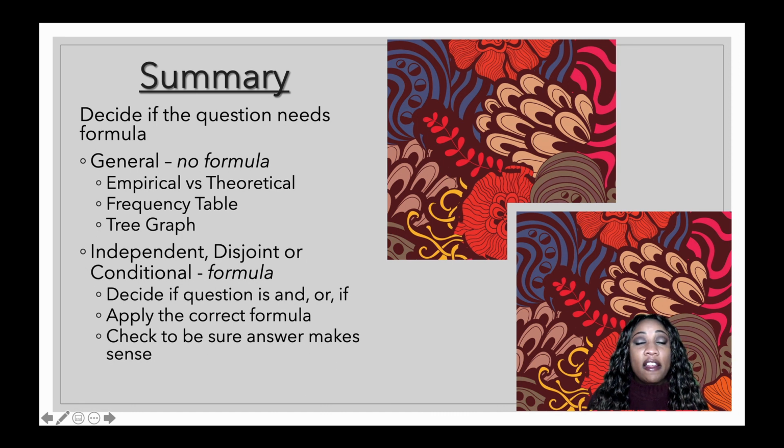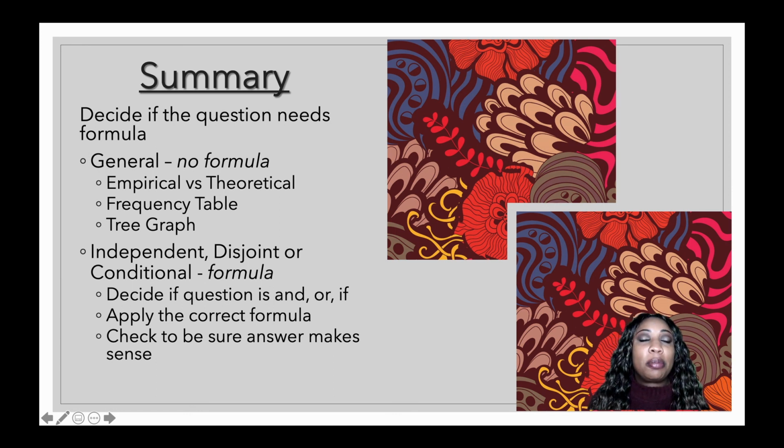And then the ones that we do need a formula for was when we're looking if it is independent, disjoint, or conditional. So we want to decide if the question uses that and, uses that or, or uses the if. Remember, those are key words to let us know what formula we are going to use, right?